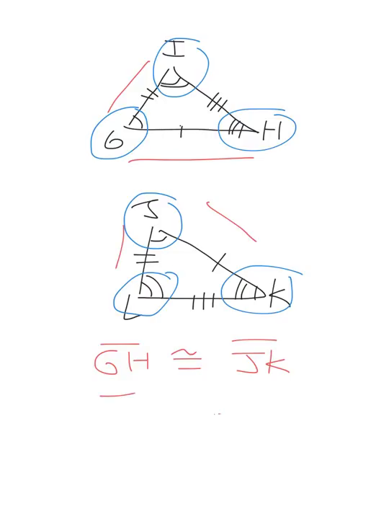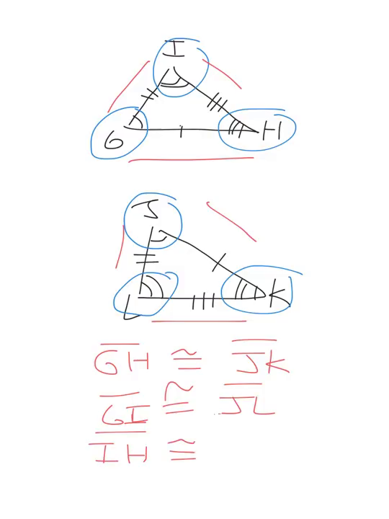So I'm going to say side GI is congruent to side JL. And then finally, IH has three tick marks, as does LK. So I'm going to say IH is congruent to LK. Please make sure that you have that written down.